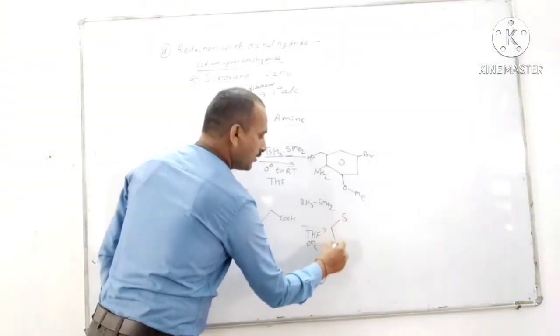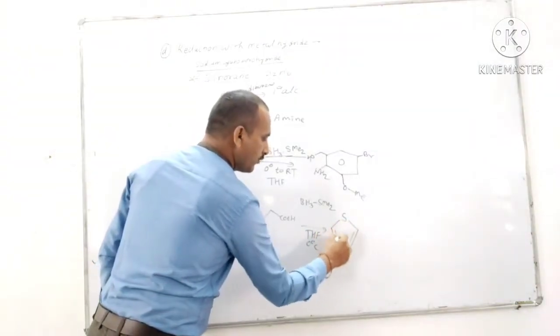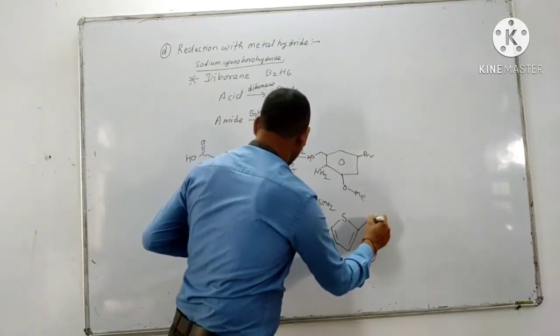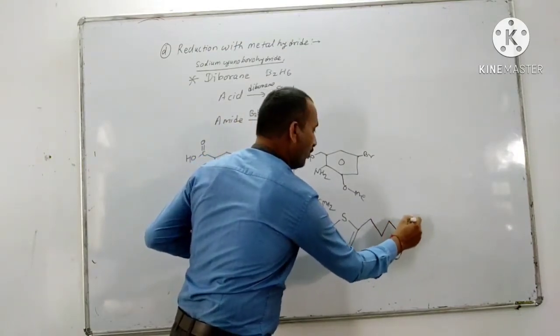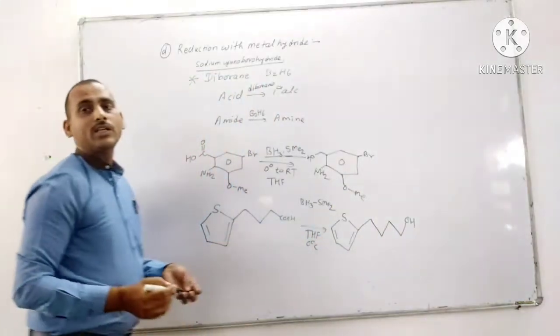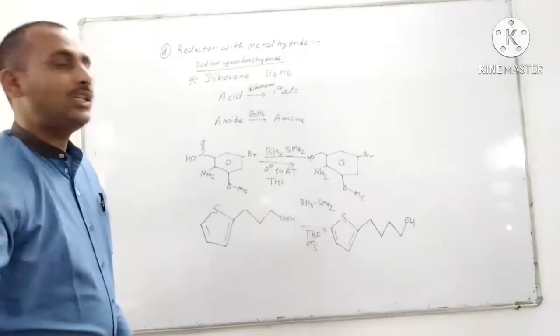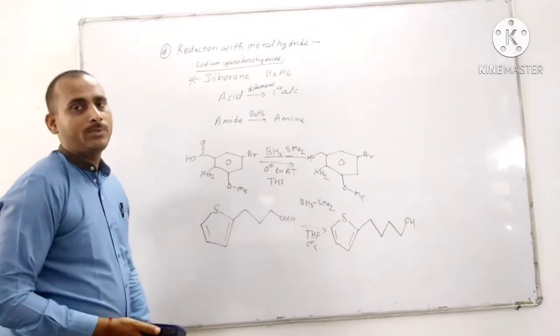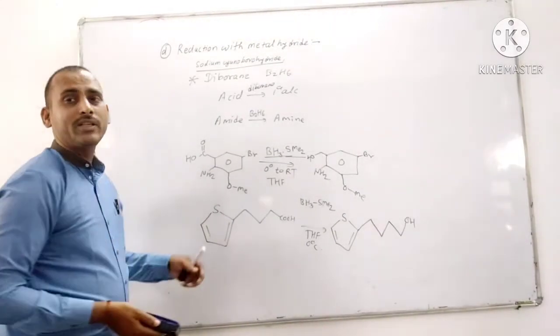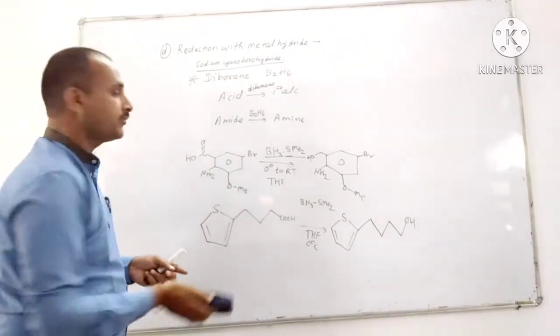So CH2CH2CH2CH2OH. This alcohol is formed from the carboxylic acid. Now let's see the Corey-Bakshi-Shibata reagent. That is the reagent of borane.